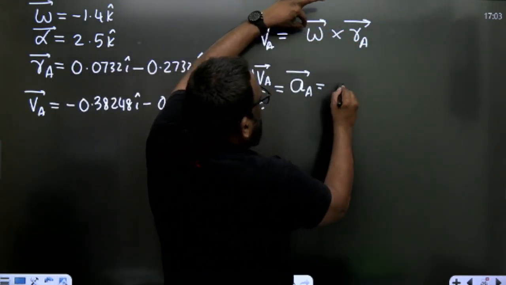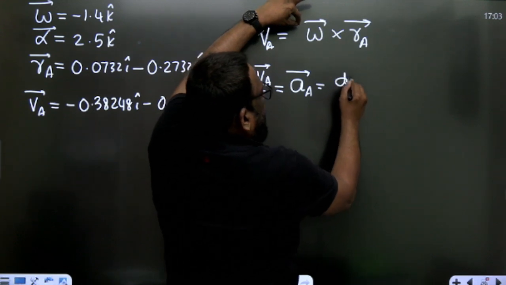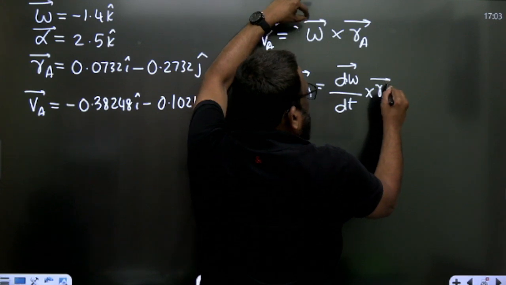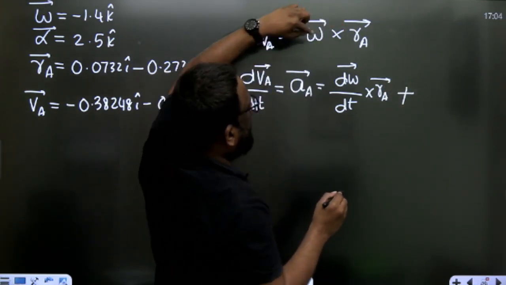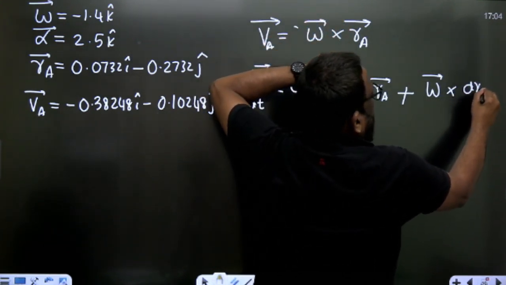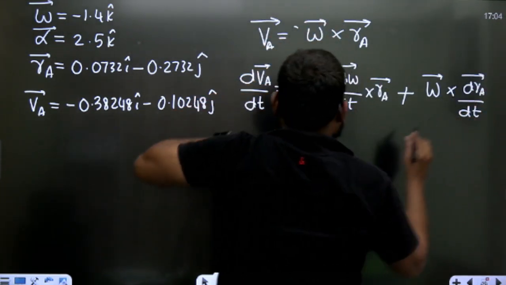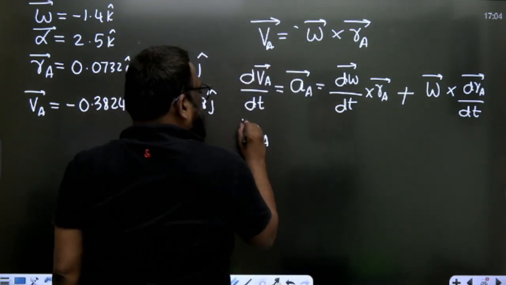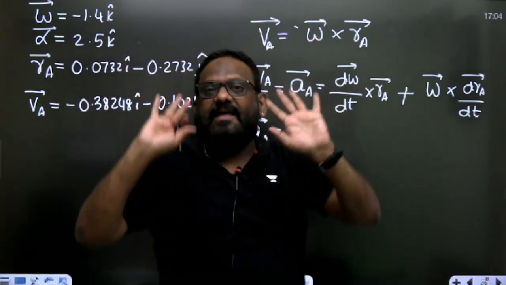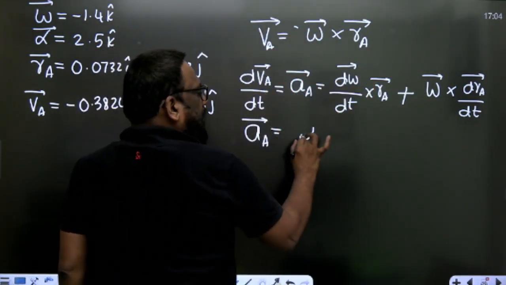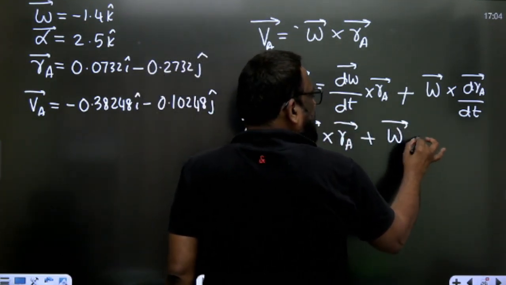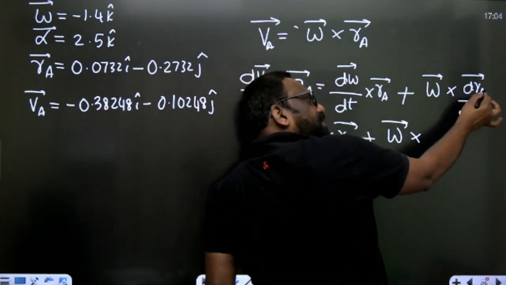First you differentiate this, d omega by dt, into RA, plus the differentiation of the other one by the UV principle, so write it as it is. Now differentiate this, dRA by dt. So what do I get? The acceleration of point A is given by, purposefully I am doing this, already I have done this in the previous question, just to bring it to mind. So what is d omega by dt? Alpha, plus omega cross, what is the rate of change of position?